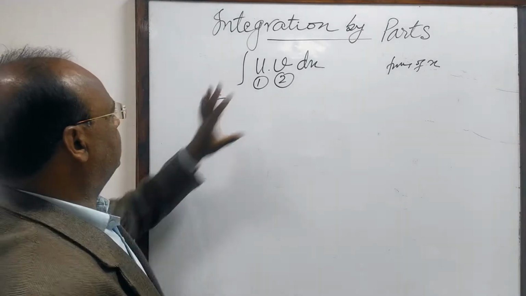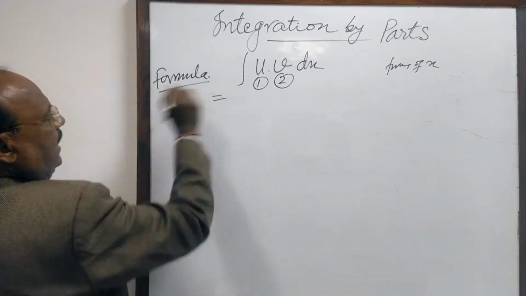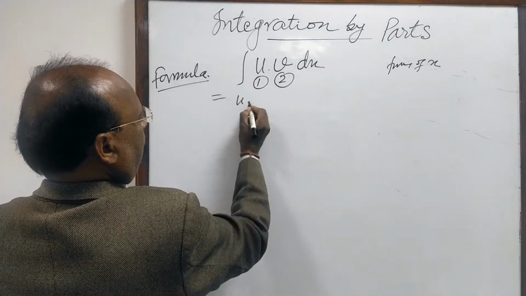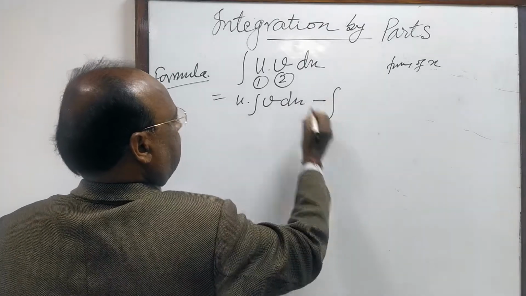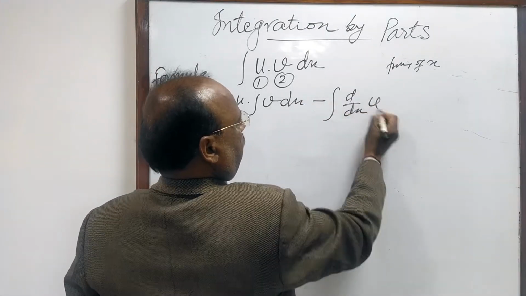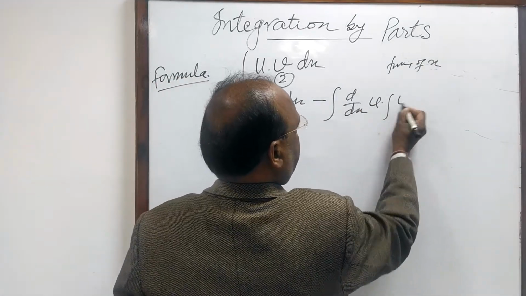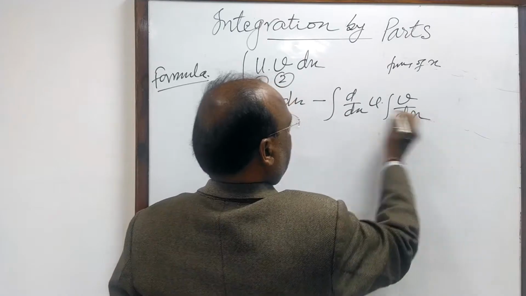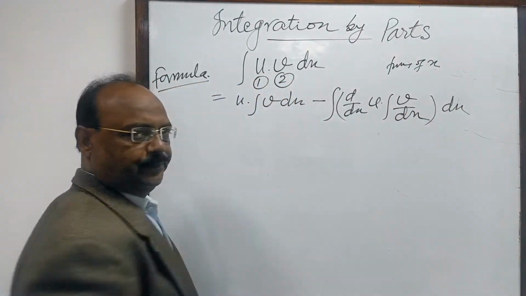Then the integral of uv dx is equal to the first function times the integral of the second function, minus the integral of the derivative of the first function times the integral of the second function, and whole dx for this integral sign.